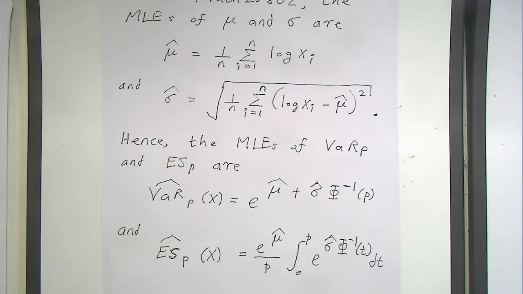MLE, by definition, assumes the data follow a certain distribution. So the estimates for mu and sigma are parametric, because MLEs by definition assume that the data follow a certain distribution, in this case the GEV distribution.